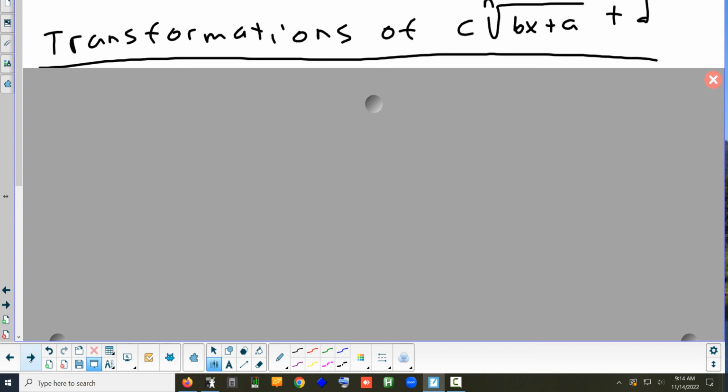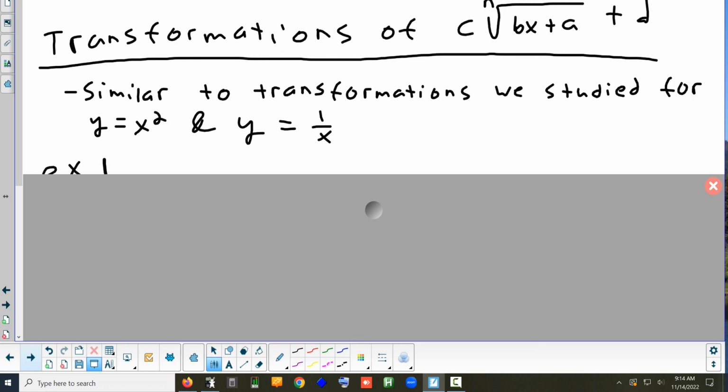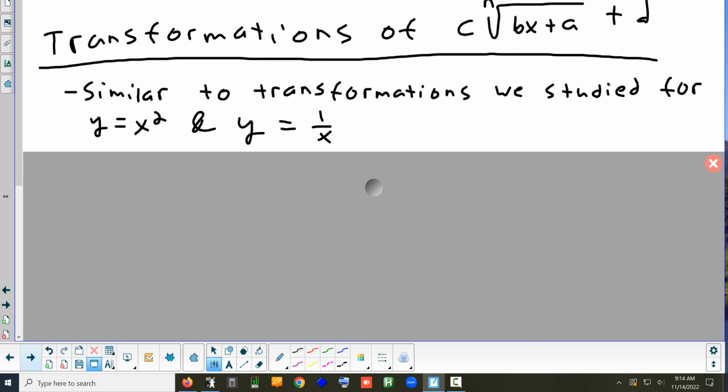Even though these transformations are identical to everything we've done before, let's just label which ones are which. Does anyone remember when you add or subtract inside your function? In this case, inside means under the root. What does adding or subtracting close to the x value do?